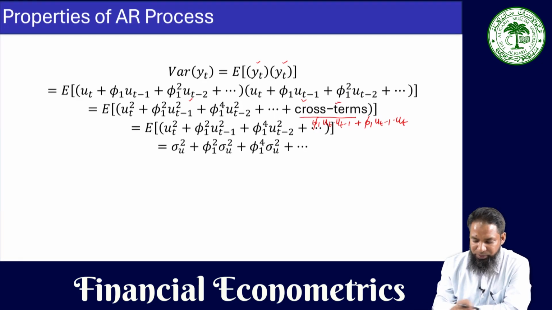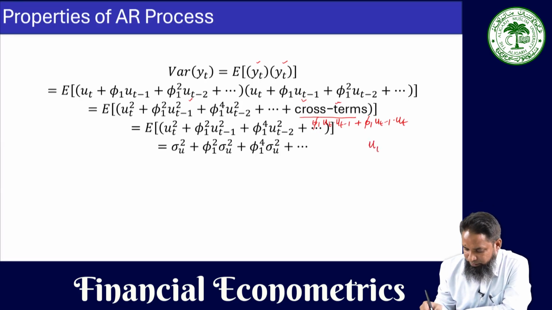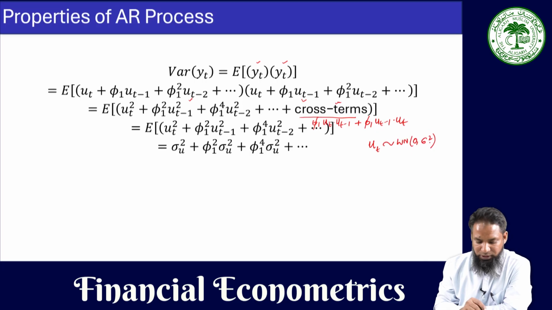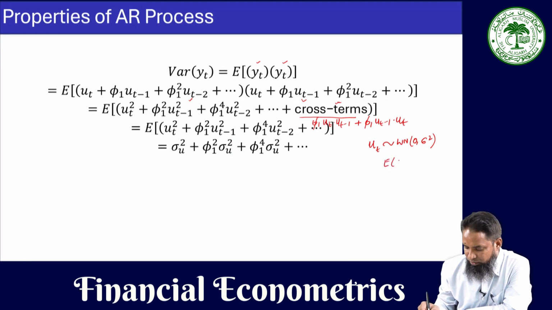Now if we take the expectation here, since ut is a white noise process with mean 0 and variance sigma square, the expectation of ut square is nothing but sigma u square. Phi 1 square times the expectation of ut minus 1 square is nothing but phi 1 square sigma u square. However, the expectation of all the cross product terms will be equal to 0 because it is a white noise process.